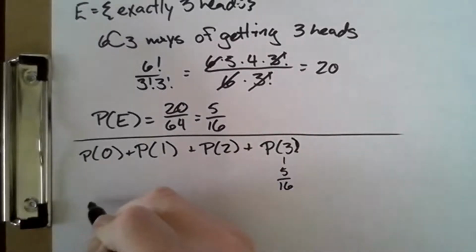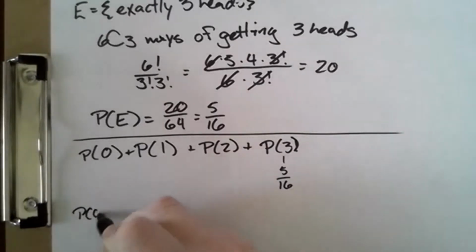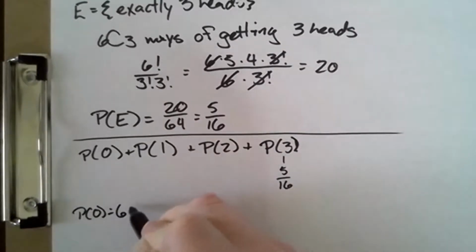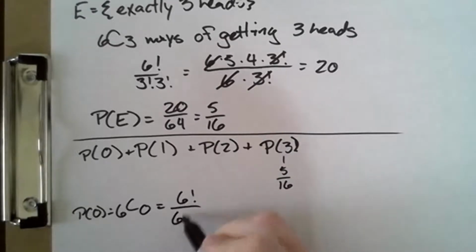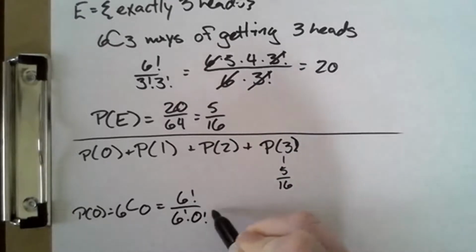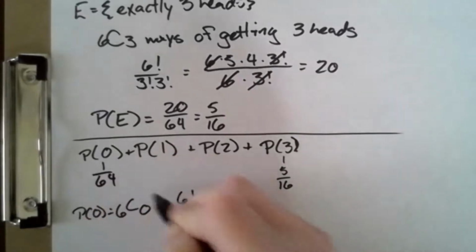So we just have to figure out the other 3 here. The probability of 0 heads is 6 choose 0, which is 6 factorial over 6 factorial times 0 factorial, so that's 1 over 64 there.